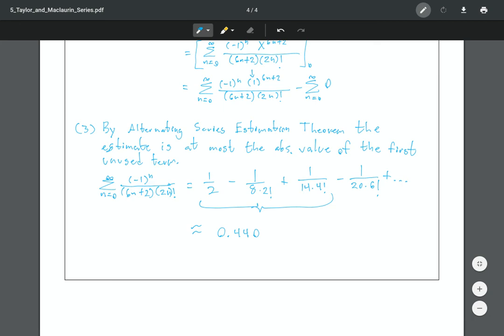Okay, and the theorem says that if you take this right here, which is the unused term, you would get 0.00007. So it's 4 decimal points. So what they mean by that is that this answer is at the very least accurate to 2 decimal places.